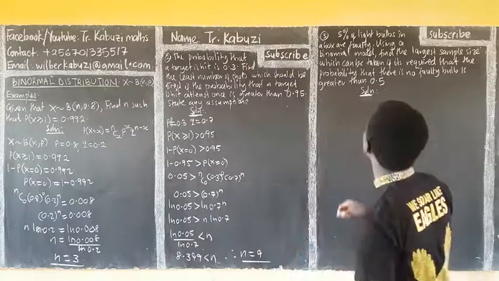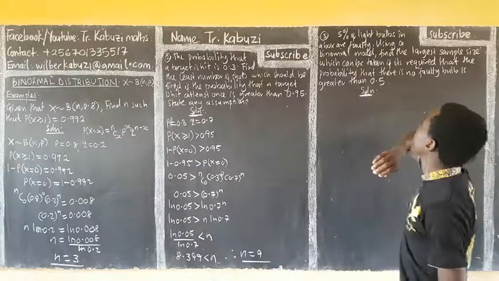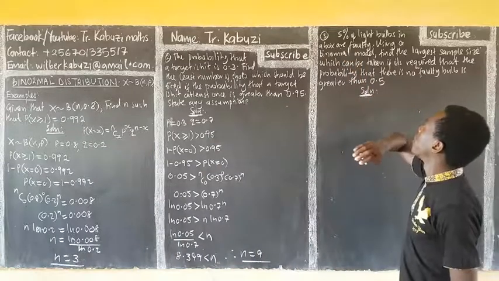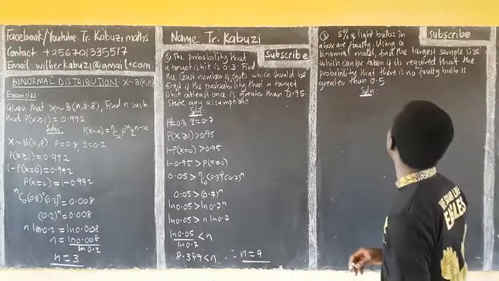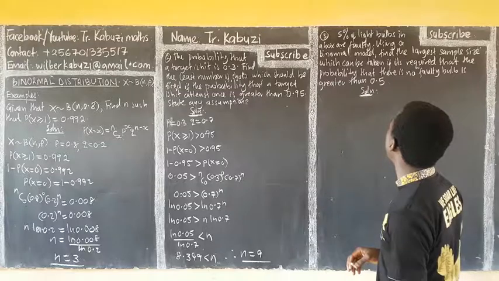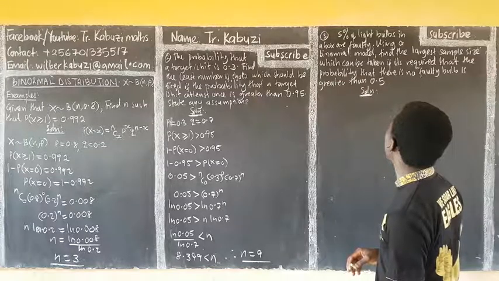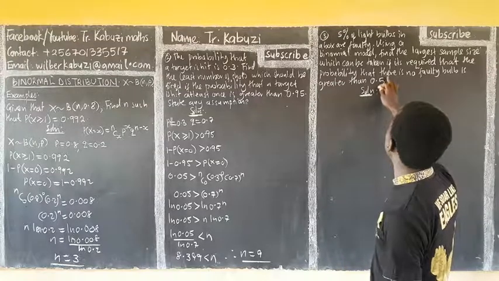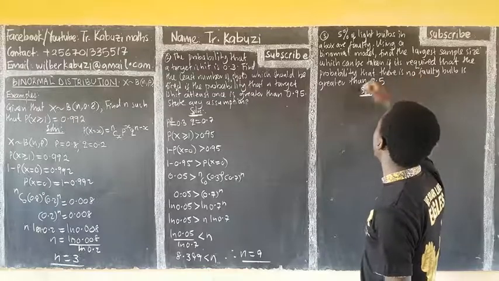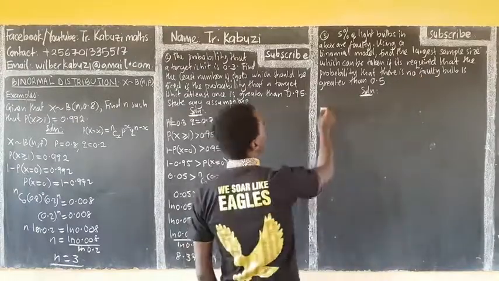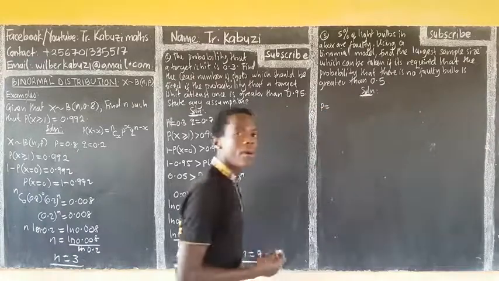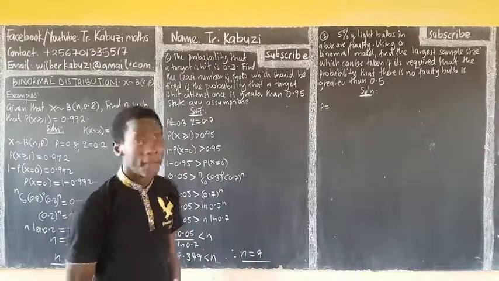And now this, 5% of the light bulbs in the box are faulty. Using the binomial model, find the largest sample size which can be taken if it's required that the probability there is no faulty bulb is greater than 0.1. So here our probability of success is now the bulb to be faulty.